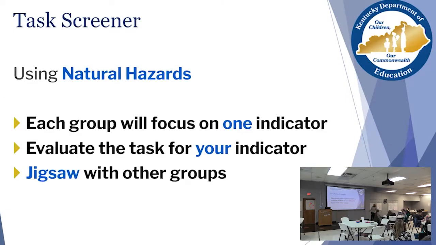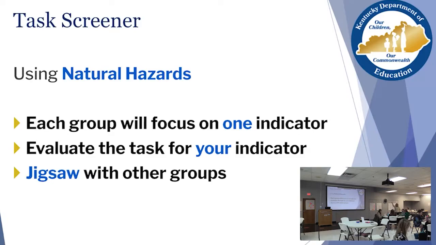And we're going to do that with a task called natural hazards, which is another task that is in your packet. There should be 2 components in natural hazards. You'll have the actual task and you'll have the rubric. And you may need both of those, especially for criterion B. So you should have 3 sets of papers.